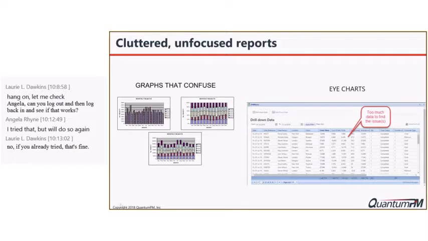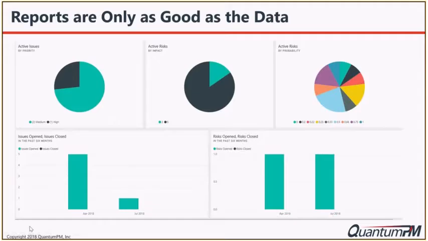Okay, so those are the problems that we end up having. This is one of my favorite problems because after you spend all of this time putting together data, and putting reports together, you can look at this one and tell that no one is updating anything here. What the heck is going on? So you can have wonderful reports, but if people aren't using them, you're not getting the data that you need.